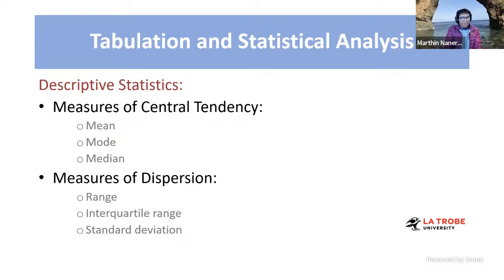So what do we mean by measure of central tendency? Measures of central tendency indicate a typical value for a set of data by computing the mean, mode, or median.